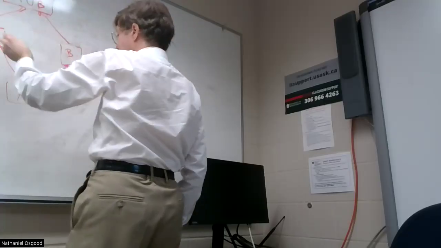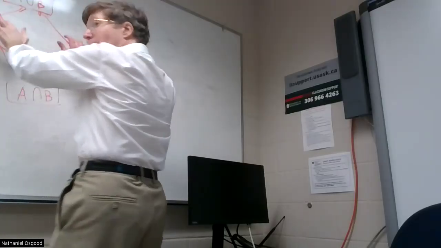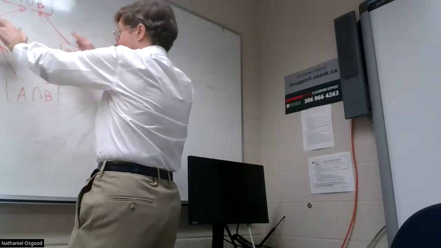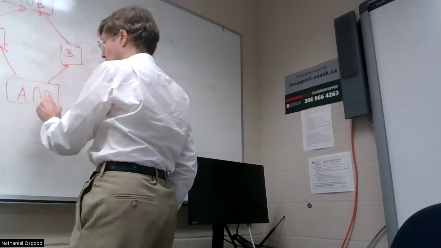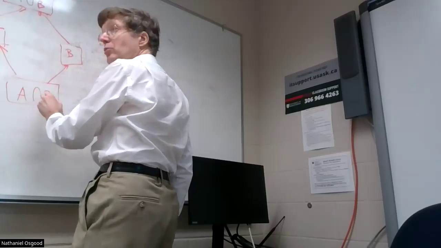So if A and B are places, let's say, or periods of time, maybe these are different intervals of time. This will be the overlap between those intervals.